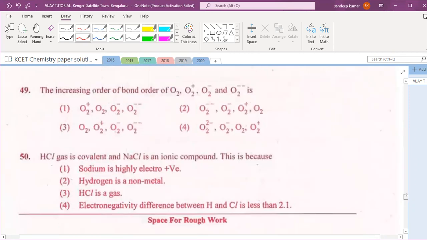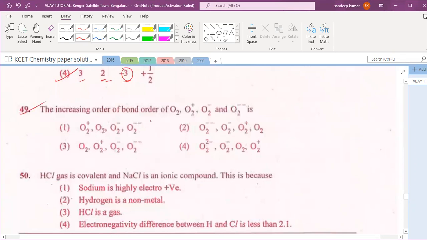Next, 49. The increasing order of bond order is what? O2 2-, we have to solve using molecular orbital theory. It has less bond order, around 1.5 or 1. So the fourth option is correct.